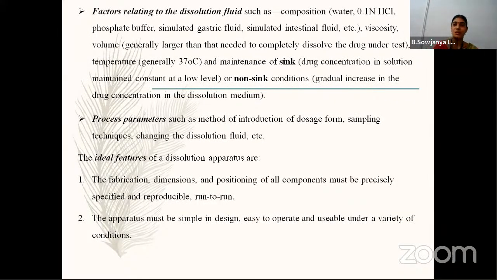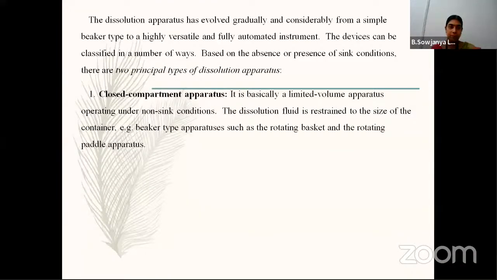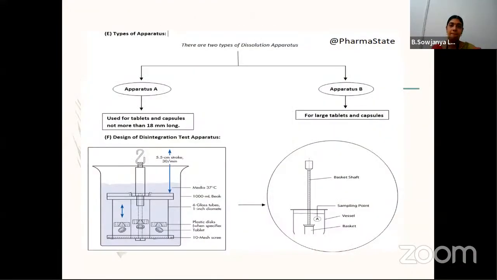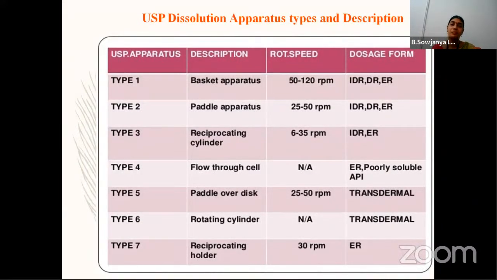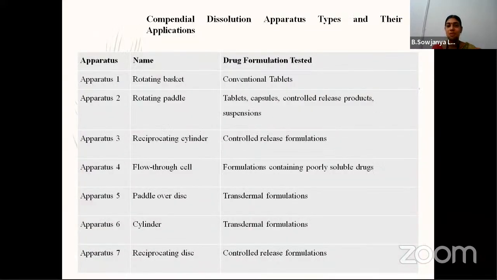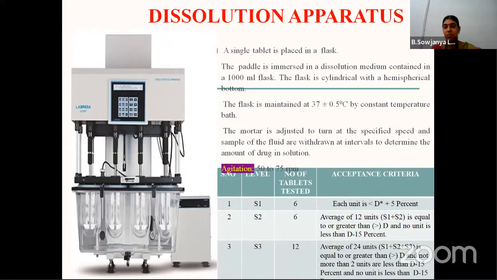This is one of the physicochemical properties that act in the absorption of drugs. There are a total of 7 different dissolution apparatus. Only small variations exist for IP, BP and USP: the paddle and basket type apparatus, and the flow through cell is added. That's it.